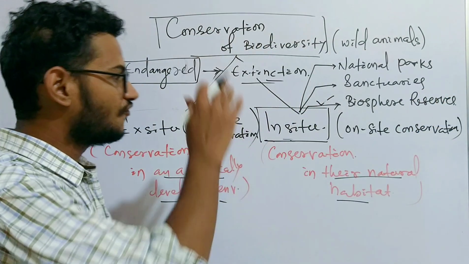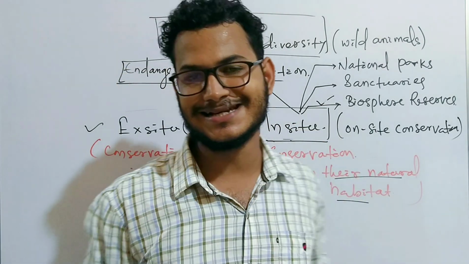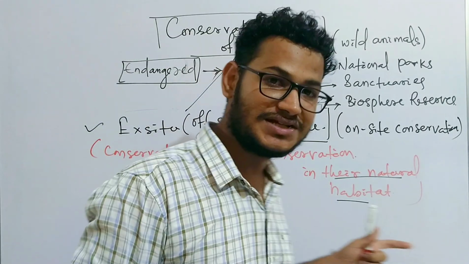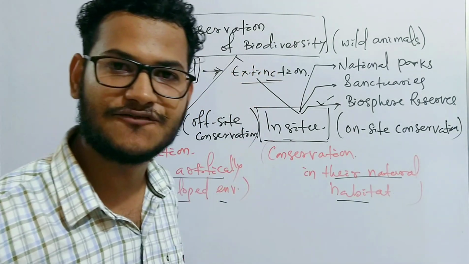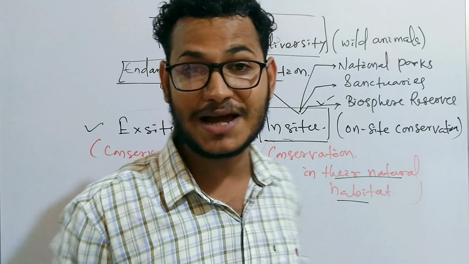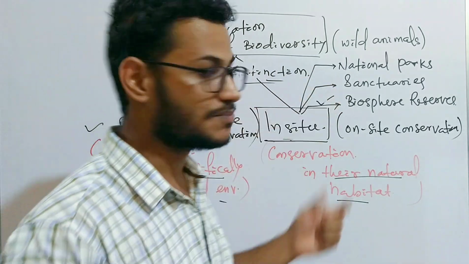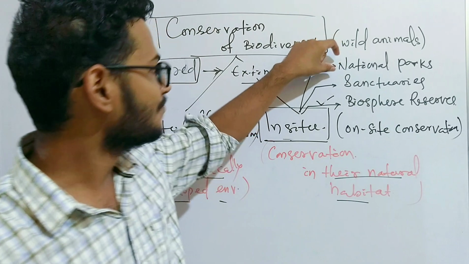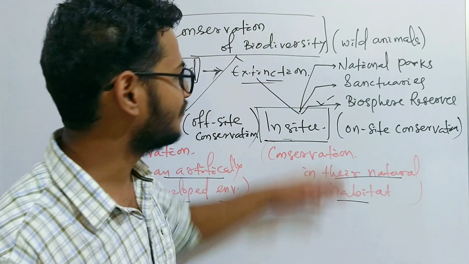These are the three most important ways of protecting wild animals in their natural habitat, or on-site conservation. On-site conservation of wild animals and plants, their restoration and management, is possible by declaring a specific area as a national park, sanctuary or biosphere reserve.